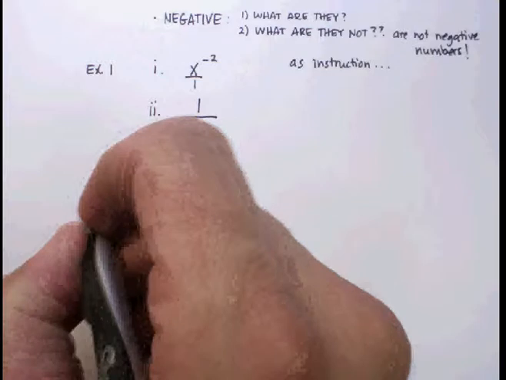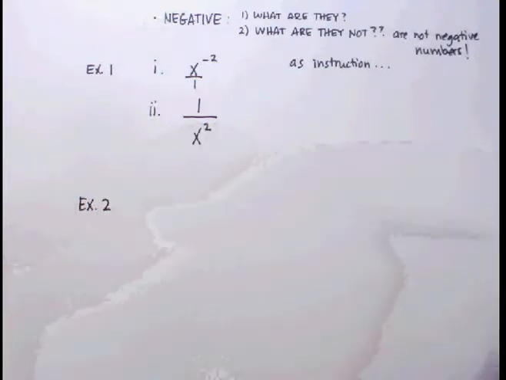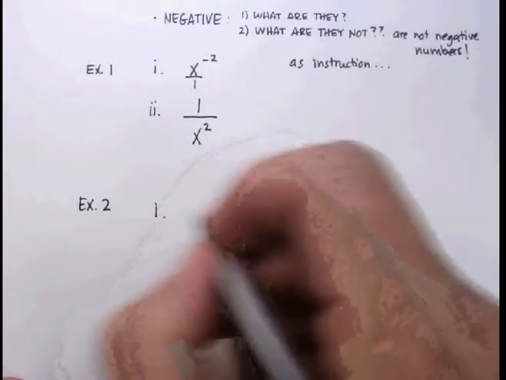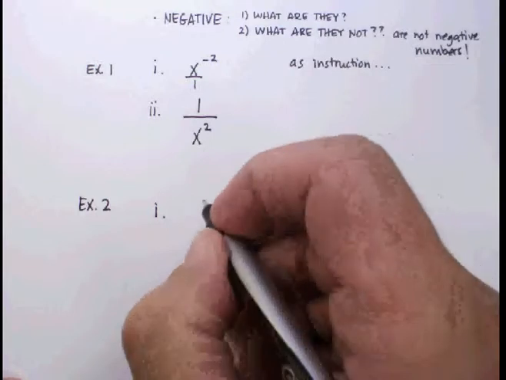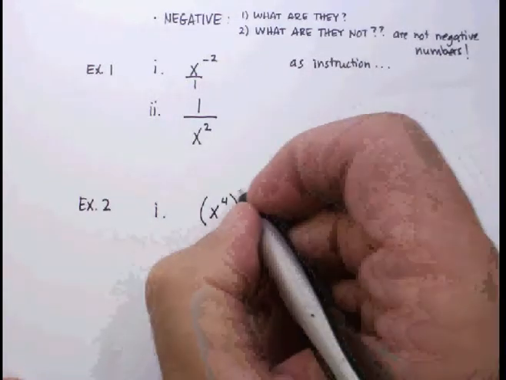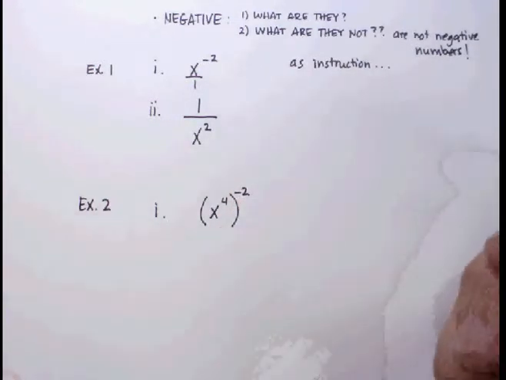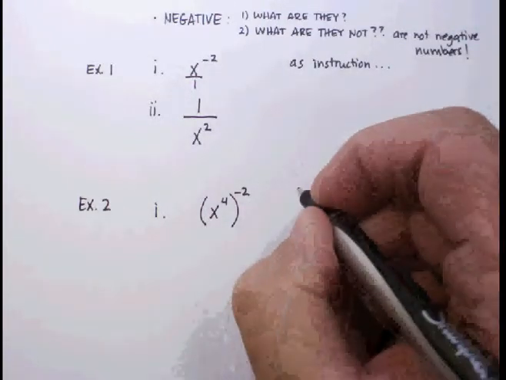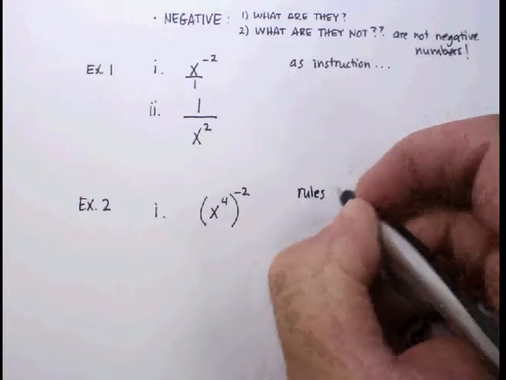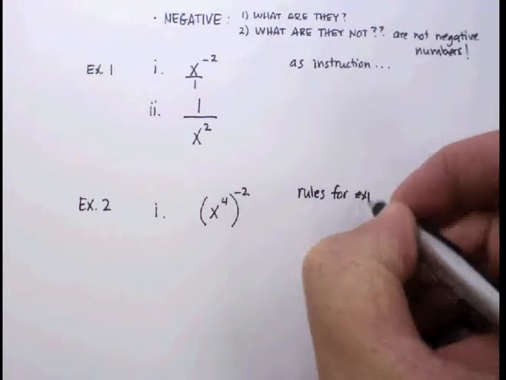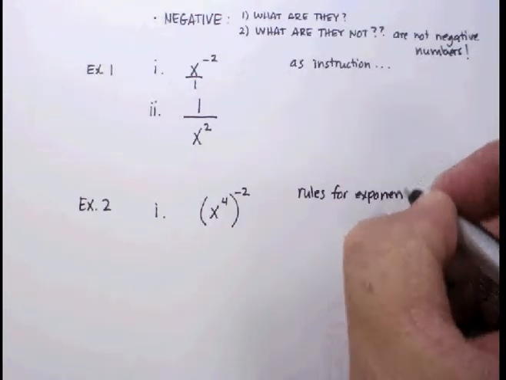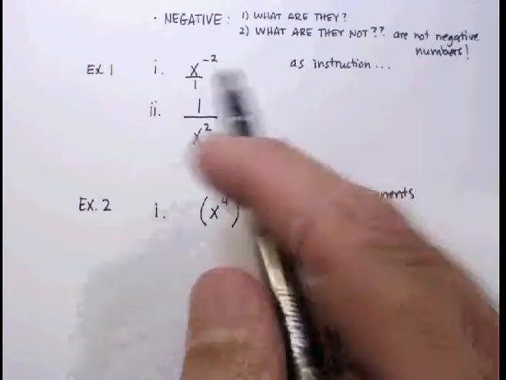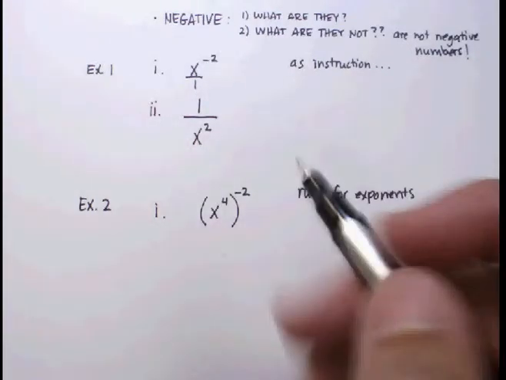Let's say, a second example, my problem is x to the 4th raised to the negative 2 power. Again, I'm thinking of the rules for exponents, which you may remember from a previous video, and the new instruction that we have here.